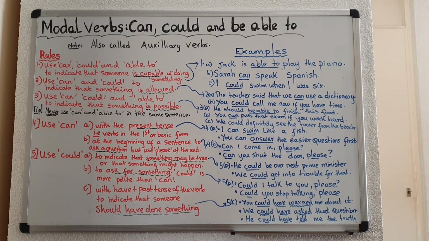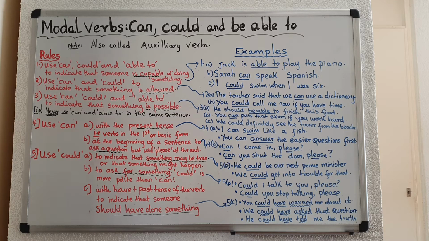Rule number 3. Use can, could, and able to indicate that something is possible. Look at example 3a. He should be able to finish this food.